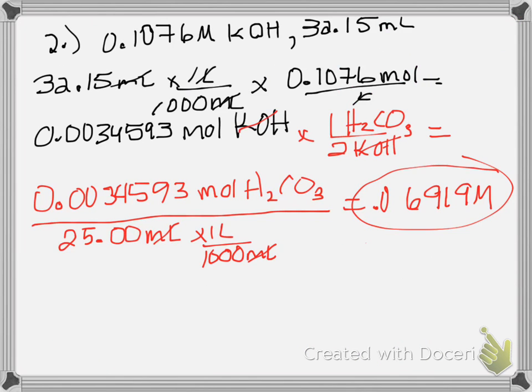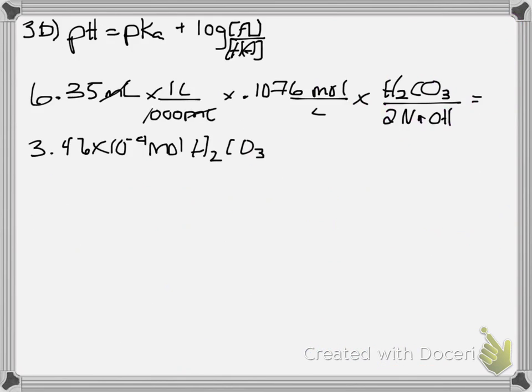I know that we have this many moles of carbonic acid total. So if that's true, I can take that number. So we started with 0.0017297, and we're subtracting the 3.46 times 10 to the negative 4 moles.